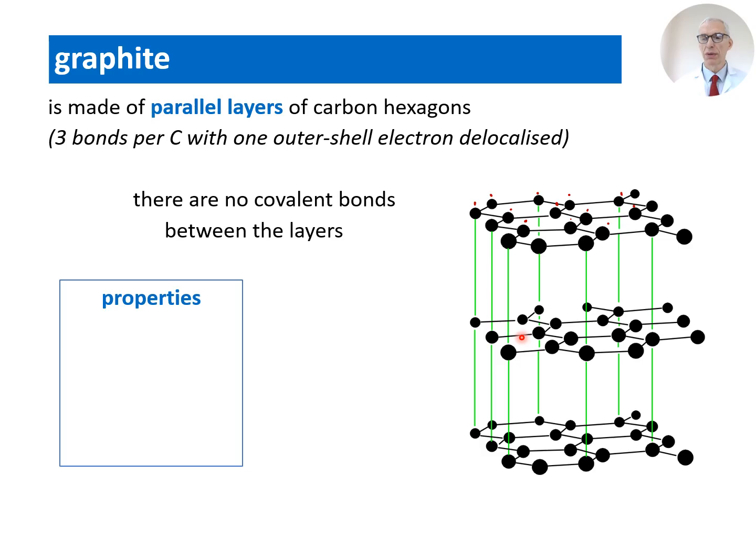What do you know of the properties of graphite? Pause and write down what you know at the moment. Come back when you're ready. Okay, so graphite has a high melting point. Graphite is soft. It's the material that principally makes up pencil lead.